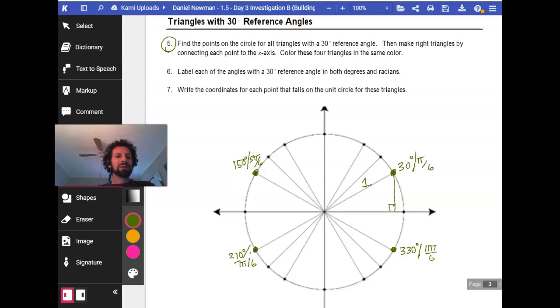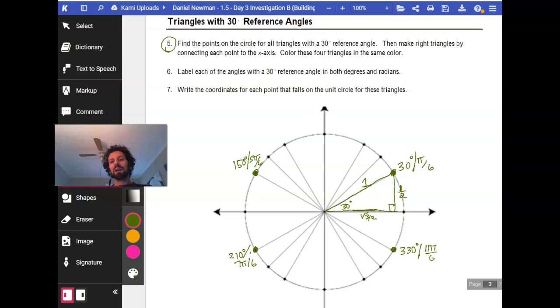Okay, and so for this first one right here, let's draw that triangle in. We know that it was a 30-degree rotation, so we have a 30-degree reference angle. And we know for 30 degrees, if the hypotenuse's length is 1, the shortest leg opposite 30 is 1/2, and then the middle length side is going to be rad 3 over 2.